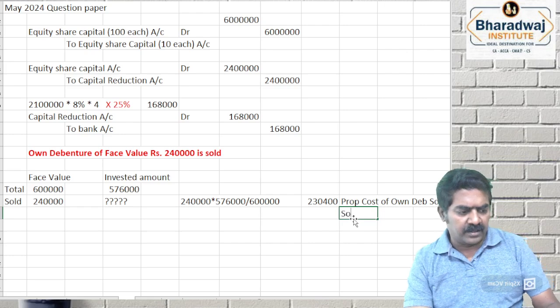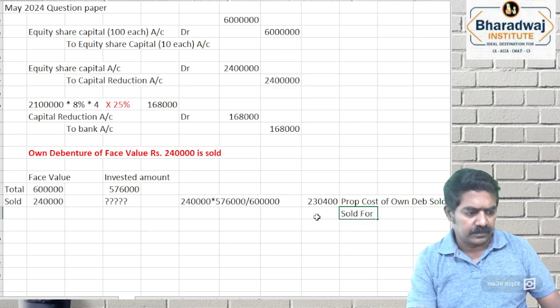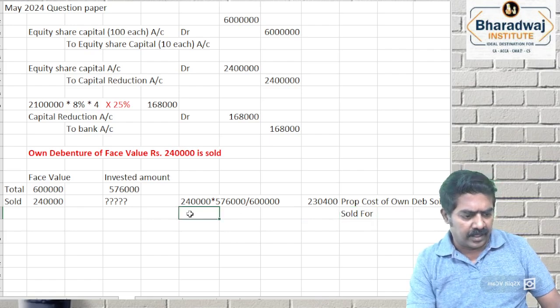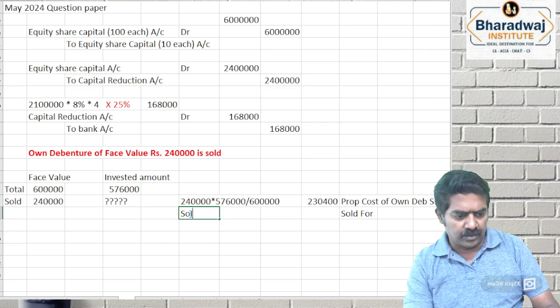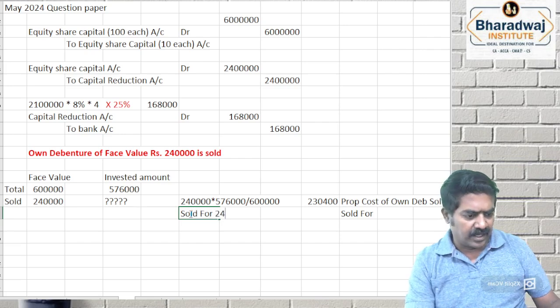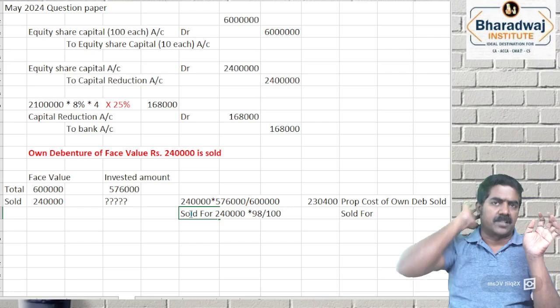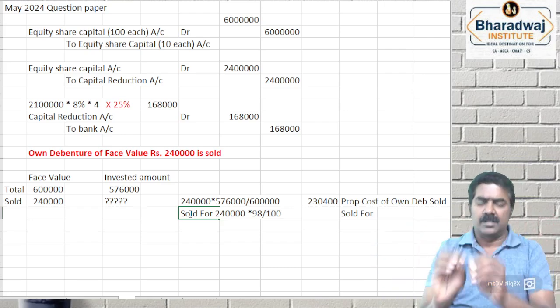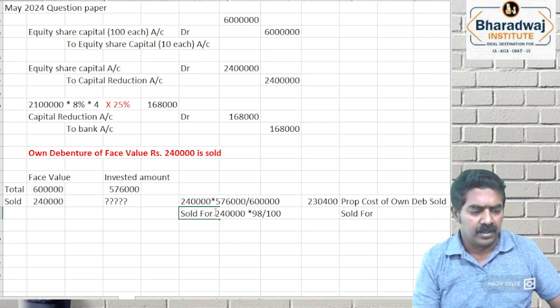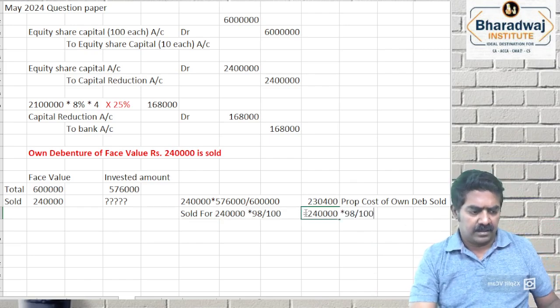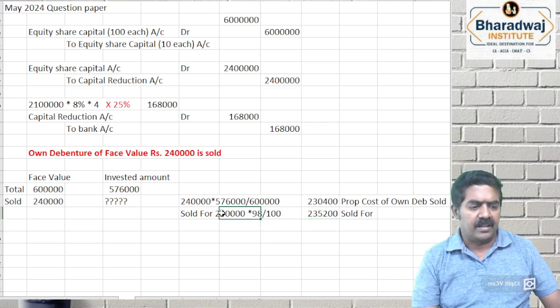It is sold for 98 cum interest. Sold for 98 cum interest means 2,40,000 into 98 by 100. We are not collecting extra interest. Cum interest means the total amount including interest is recorded. Why 98 by 100?